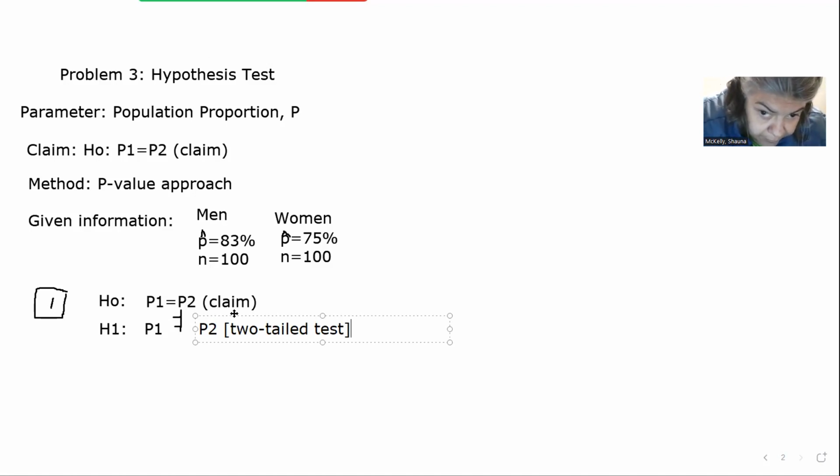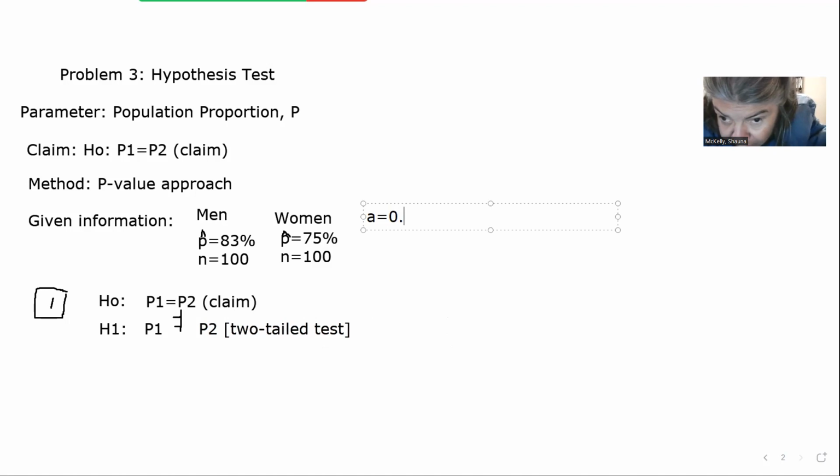My claim, my direction, my statistical equivalent is just going to be the same thing, because it's just equals. And remember up here in terms of my given, my alpha is 0.05, okay?